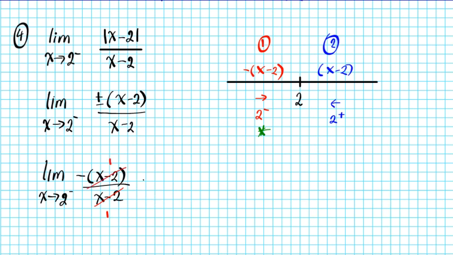And then this becomes the limit as x approaches 2 from the left of negative 1. You notice this is a constant function regardless of where x goes. This function will always be negative 1. So your final answer is going to be negative 1. So that's that.